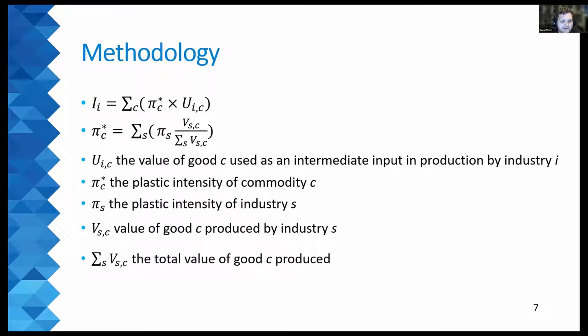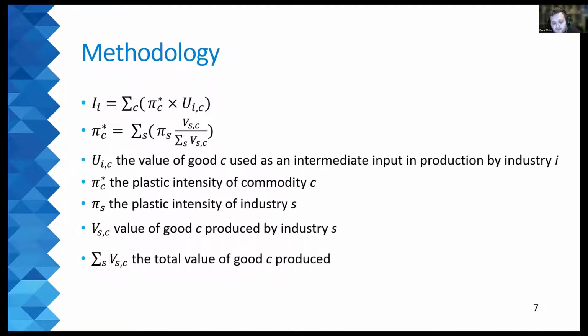Now, the plastic intensity of each commodity is based on the plastic intensity of each industry that goes into creating that commodity. And the reason why we have to take this into account is because this is a multi-commodity output data set. So this plastic intensity of each industry that goes towards creating that commodity is multiplied by the proportional value of that commodity produced by that industry.